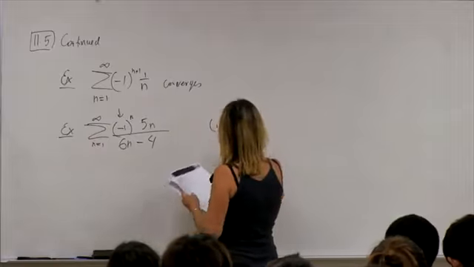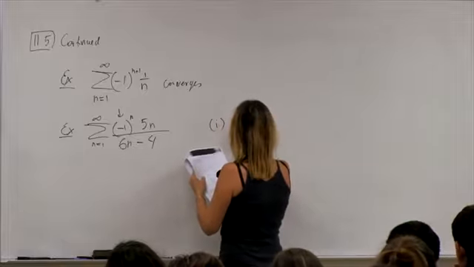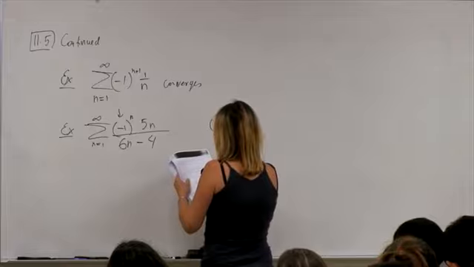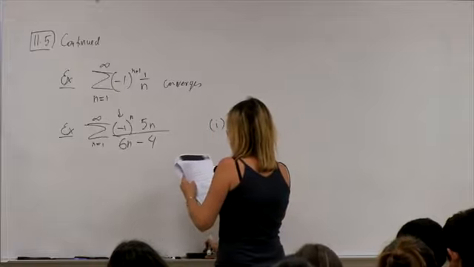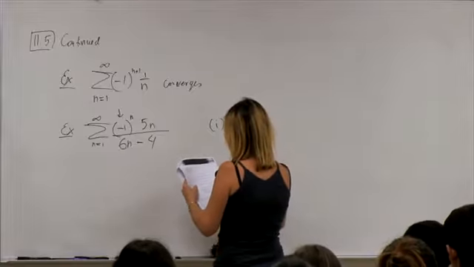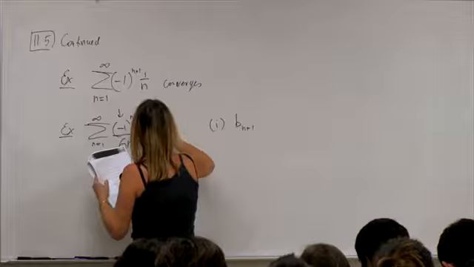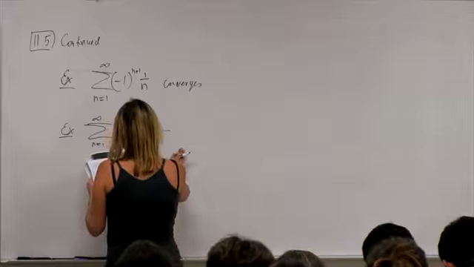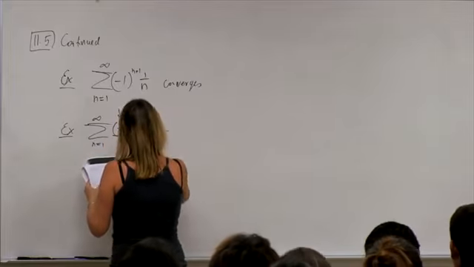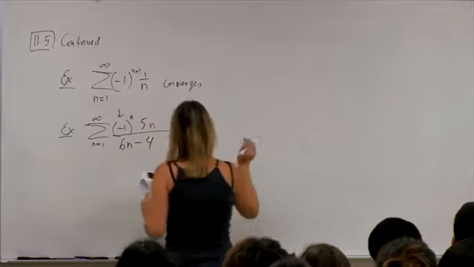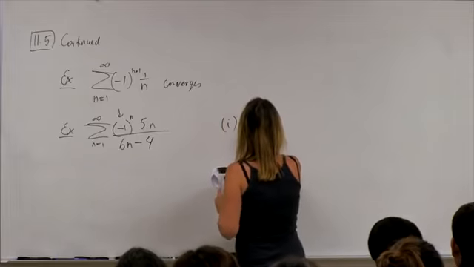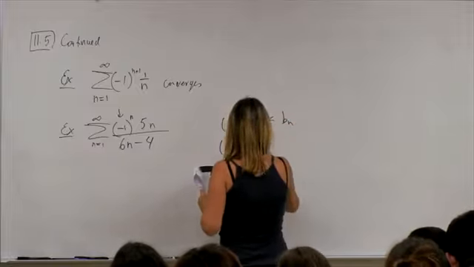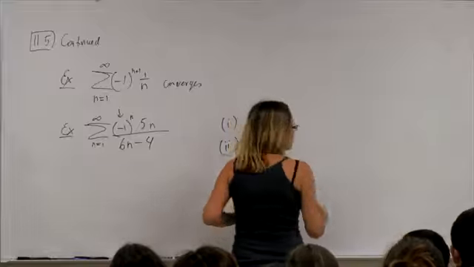First we have to prove that b n plus 1 is less than b n, and the second is that the limit of b n is 0.